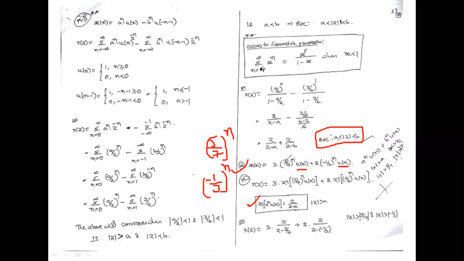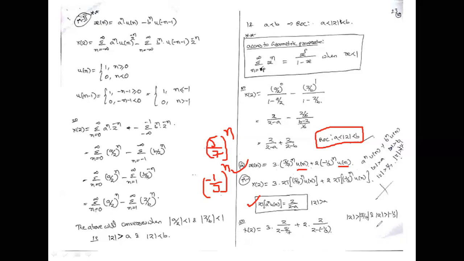It looks like the I, but it's not the I. 5 by 7. So z by z minus 5 by 7 plus 2 into z by z minus of minus 1 by 3, because a is minus 1 by 3. And what is the range? The ROC range is both are z greater than only. Z is greater than 5 by 7 and z is greater than minus 1 by 3.